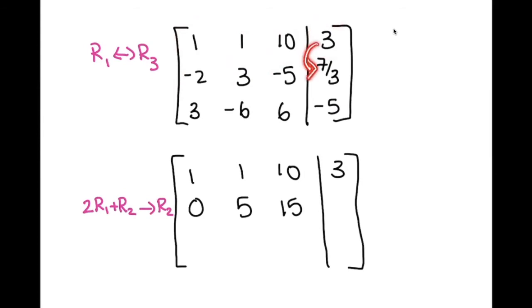Then I gotta add that 6 to 7/3. So maybe we should do some little side work over here. So anytime you're adding fractions, you want a common denominator. 3 will work. So write 6 as 18 over 3 plus 7 over 3, get 25 over 3.